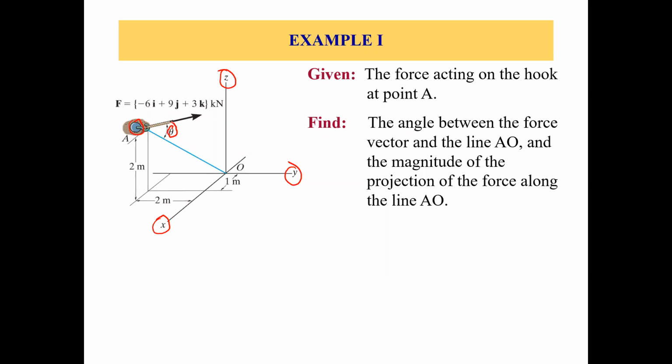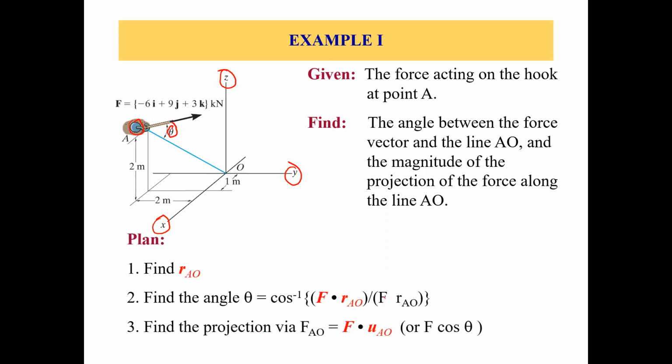So we just discussed how we do that, so let's do this here. What are the steps we should follow for such problems? First of all, we are solving for the angle between force vector F and the line AO. So we need position vector RAO.